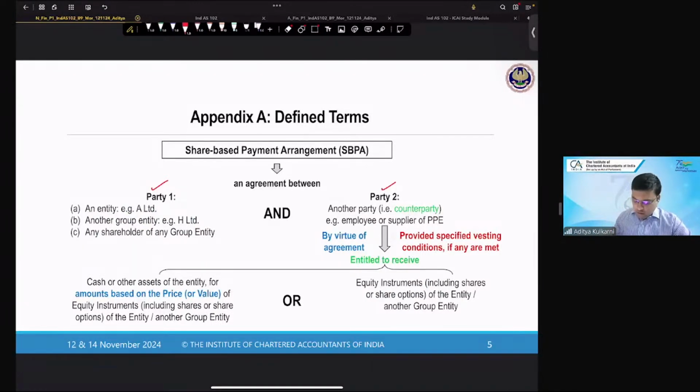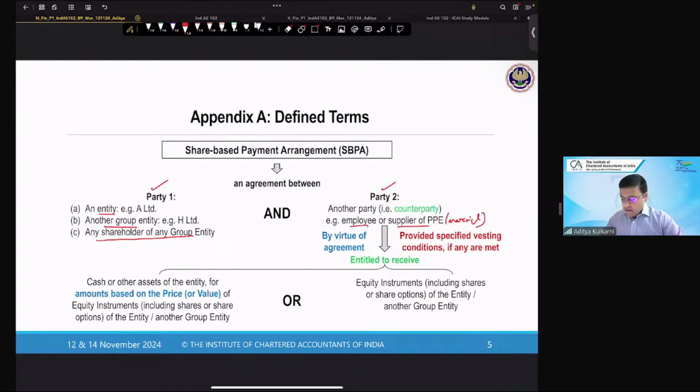Party one could be the entity itself receiving the services, or it could be another group entity, or be any shareholder of any group entity. The counterparty could be any other party, that is an employee or a supplier of PPE or even material. This is just an example. It could be material, property, plant, equipment, anything.